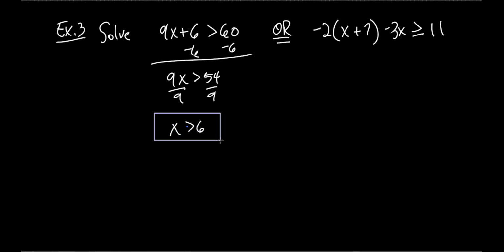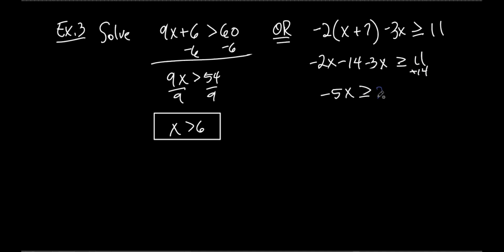Again, I'll put it in a little box. You don't have to do that, but I just like to see it, so it just pops out right in front of me. Let's do this. Negative 2x minus 14 minus 3x greater than or equal to 11. We get negative 5x minus 14. Let's just do the minus 14 right now. How about that? Add a 14, right? Is that 25?